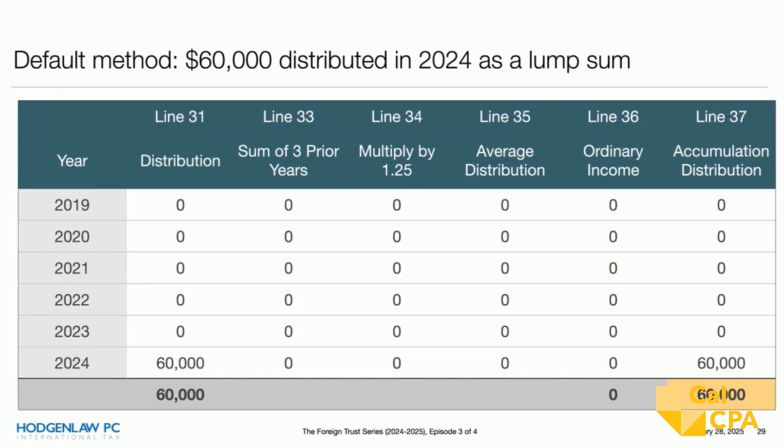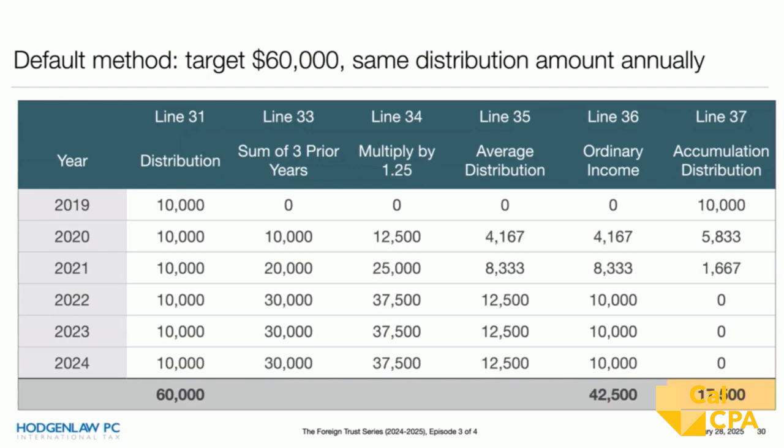So the entire 60 grand is going to be an accumulation distribution. And what that means is that 60,000 of accumulation distribution income is going to be taxed at the maximum marginal tax rate as ordinary income. And then it'll have that interest charge on top as a function of how old the trust is.